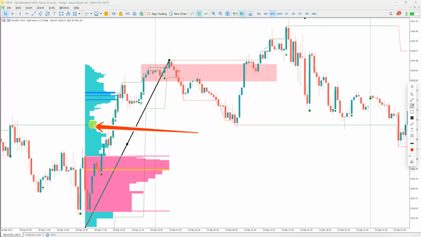Because there is imbalance, there is low volume right here, and the market tried to fill all the low liquidity right here. Okay, and then we found buyers, we found support right here where there is a low liquidity. Okay, we found interested buyers, and that drove the price higher above the value area right here, the recent value area.